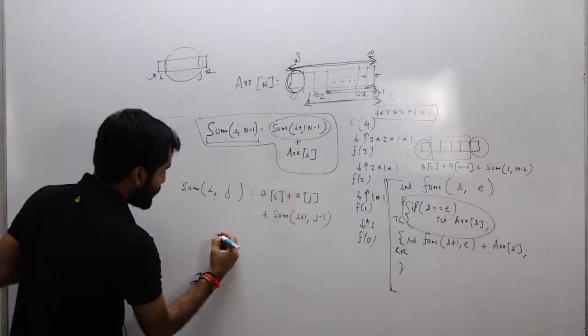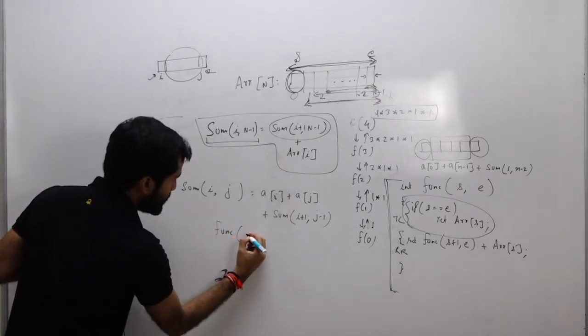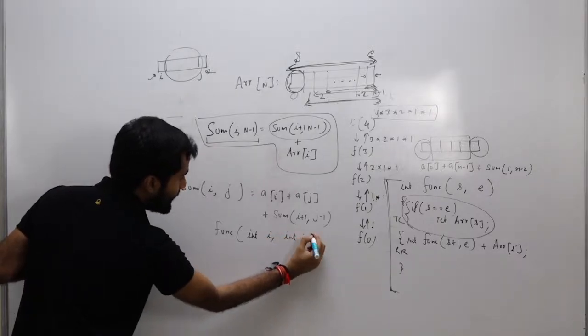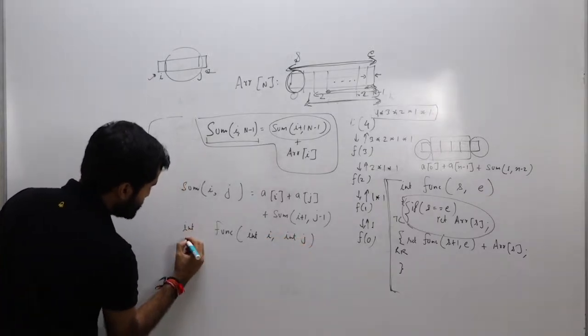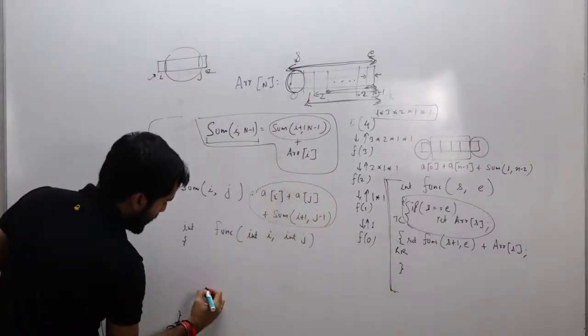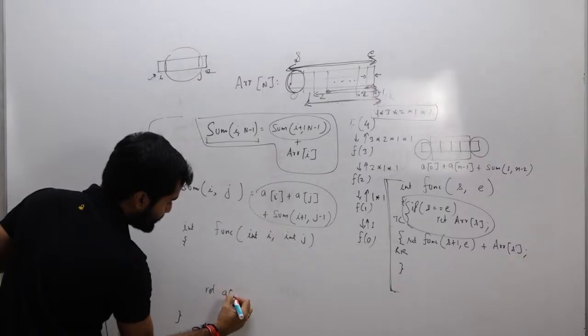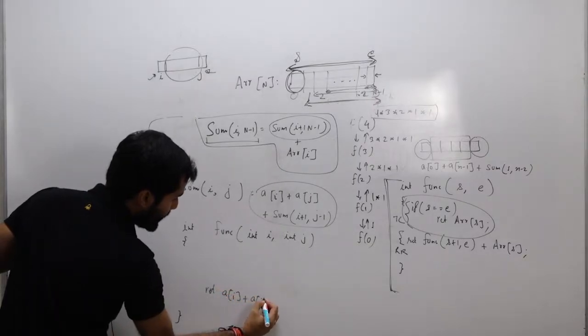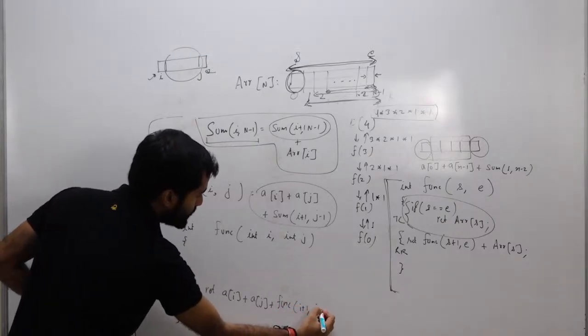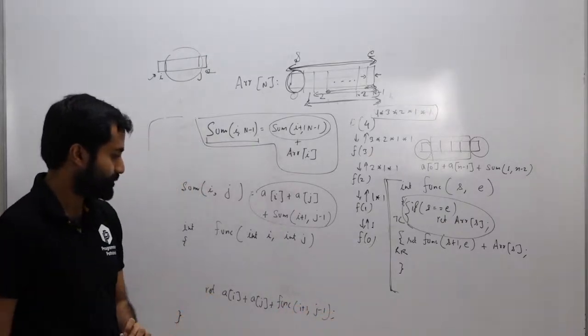Let's say I want to write a function func which takes the starting index and the ending index and returns me the sum. I would follow this rule and return a[i] plus a[j] plus func from i plus 1 till j minus 1.